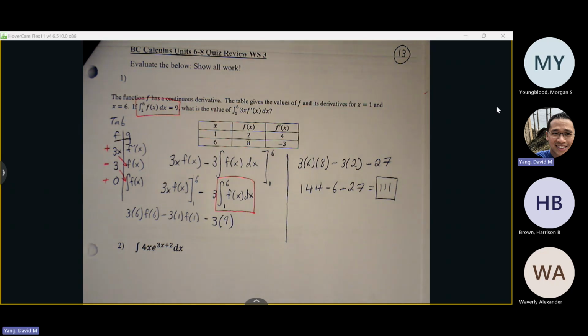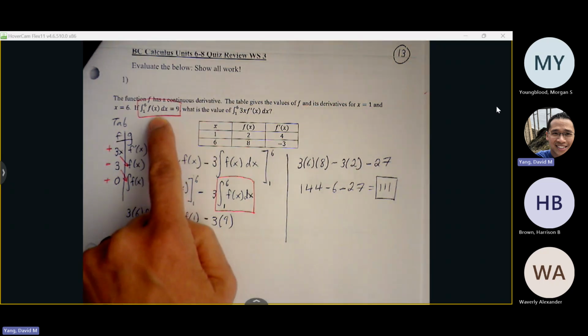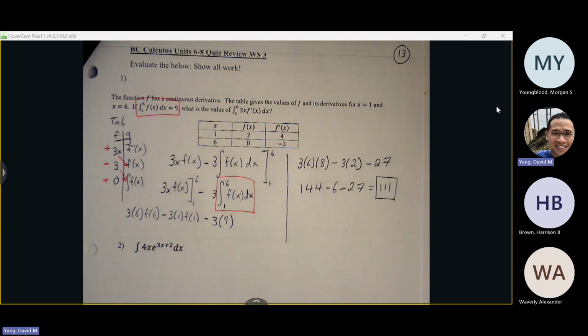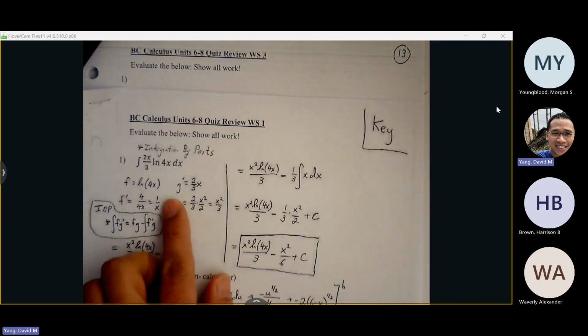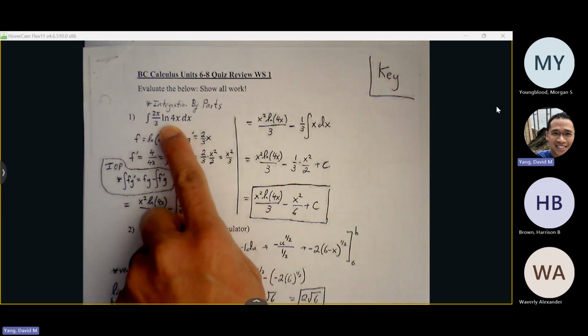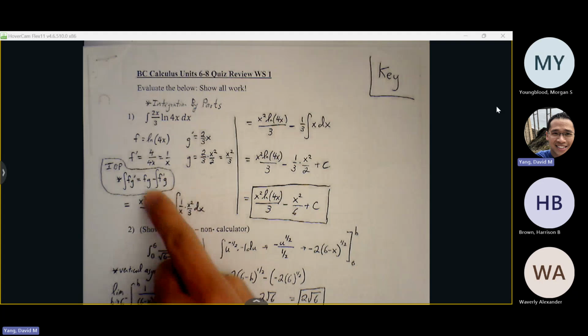Is there a restriction on when you can use the tab method? Yeah, if you see natural log, then you can't do the tab method. So if it's natural log and 3x, then you have to go through your original integration by parts rule. Number 1 on quiz review 1, here you see natural log, so we have to go through the original integration by parts rule.